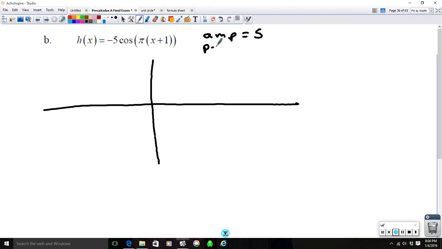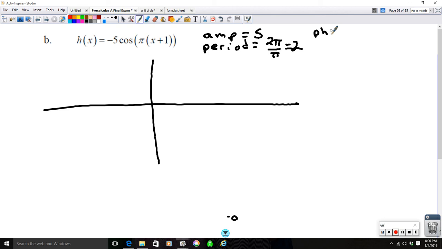Period is 2 pi divided by b, which is pi, which is 2. So period is 2.